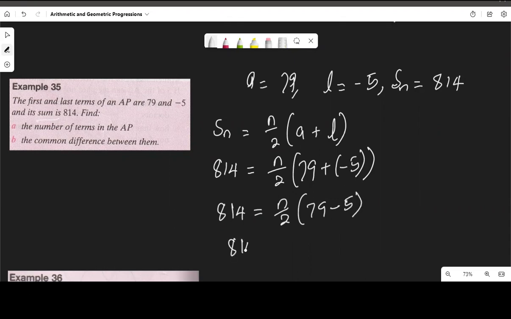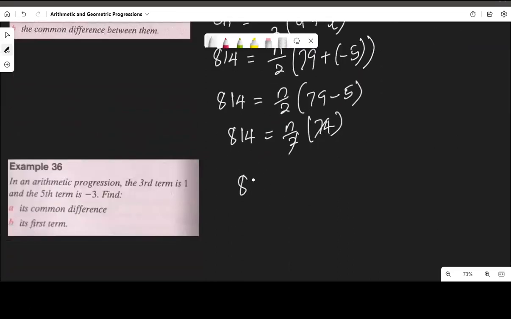So 814 is equal to n over 2 multiplied by 74. 2 in 74 is 37.